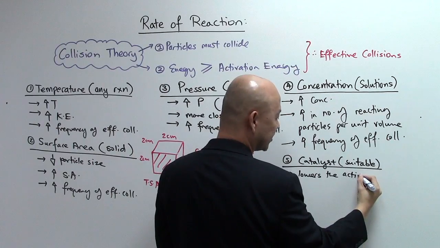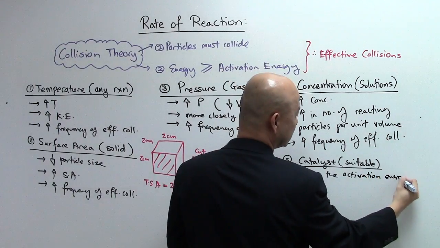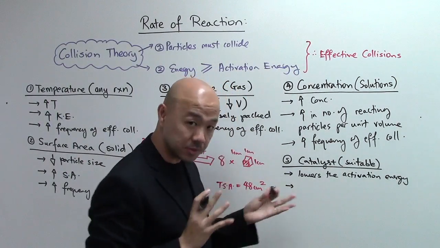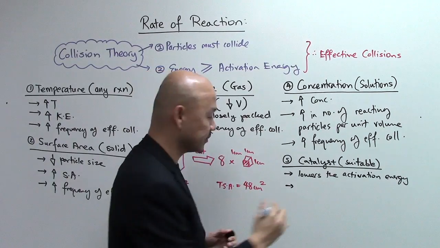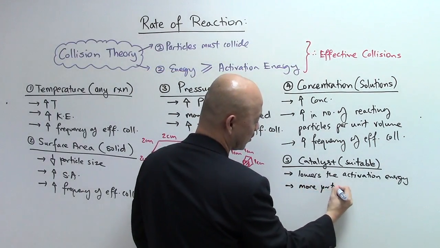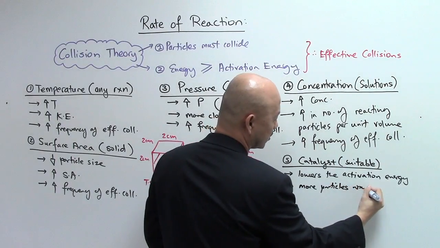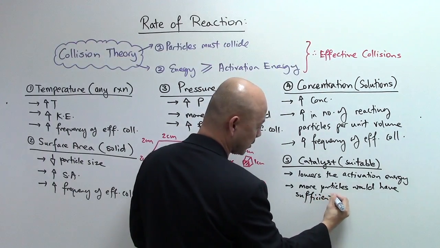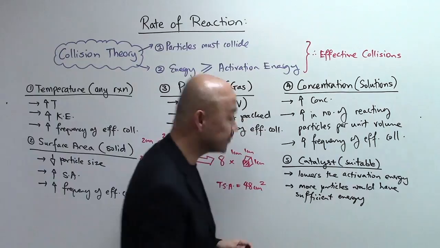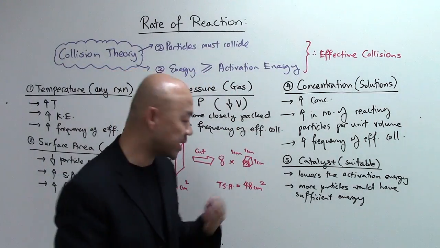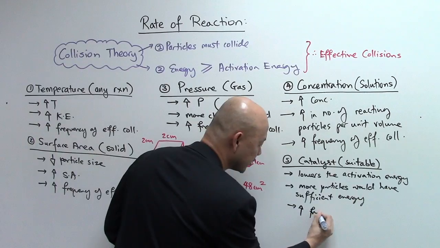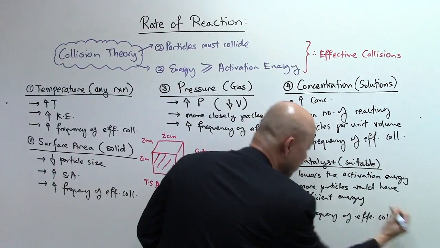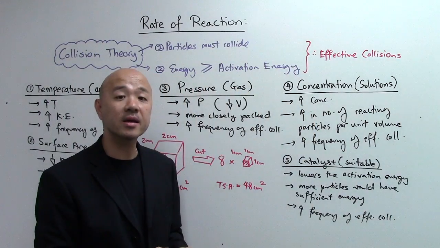So it lowers the activation energy of the reaction such that right now you have more particles that have sufficient energy to collide, to overcome the activation energy, and this will increase the frequency of effective collision, thus increasing the rate of reaction.